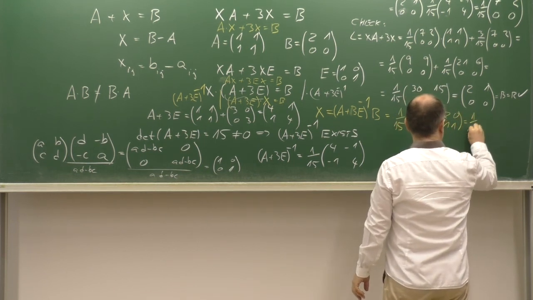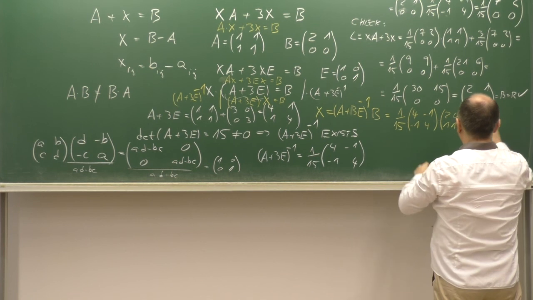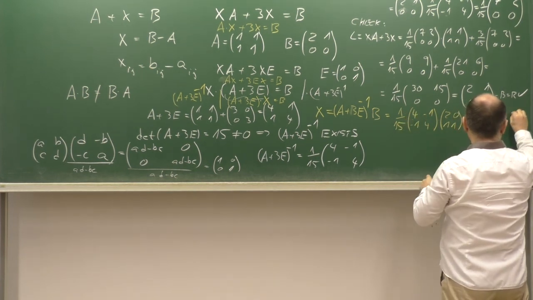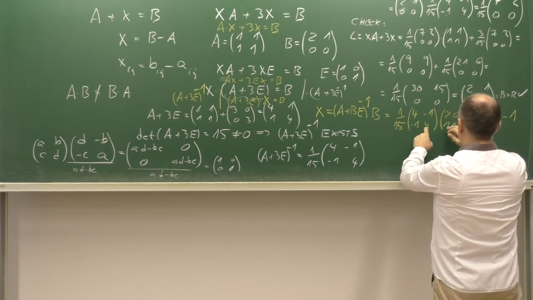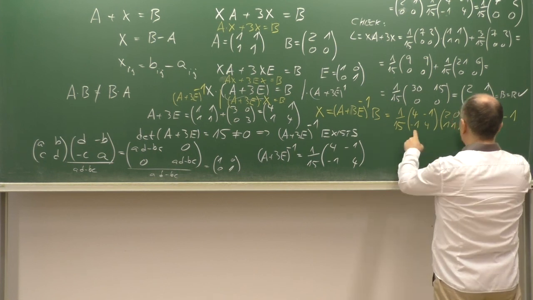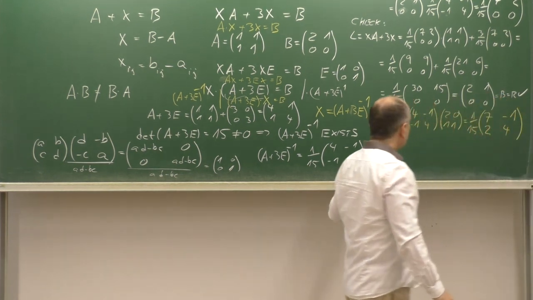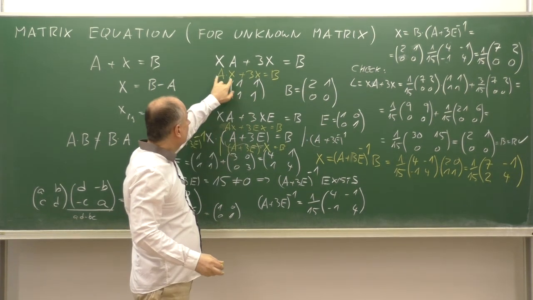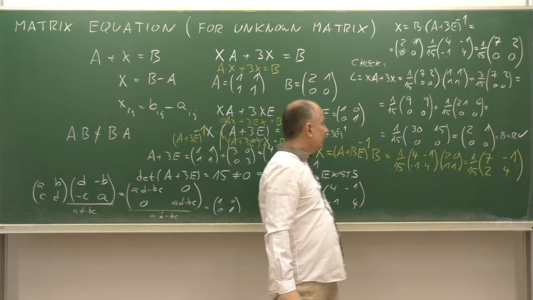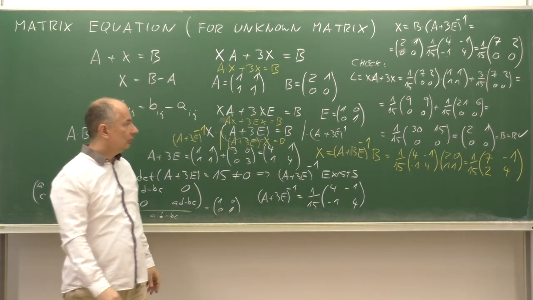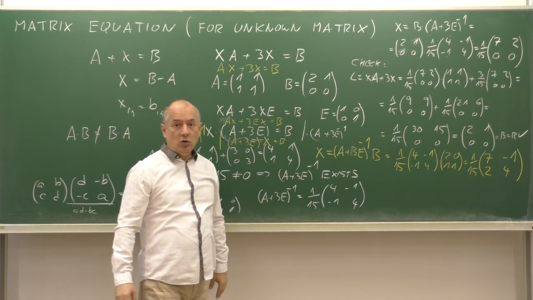So the result is 1 over 15 times 8 minus 1, which is 7, 0 minus 1, and minus 2 plus 4, which is 2, and finally 0 plus 4. So you see this seemingly small change changes the result completely. We have a different solution for this different equation. And we could verify this by comparing the left-hand side and right-hand side of the equation.